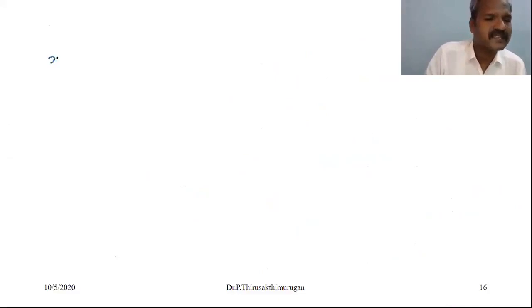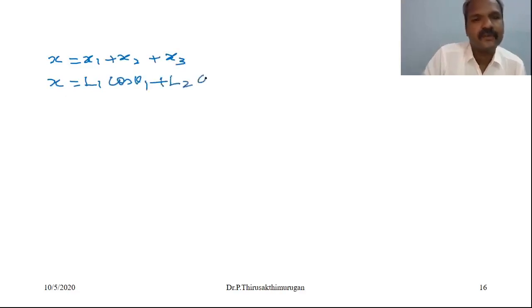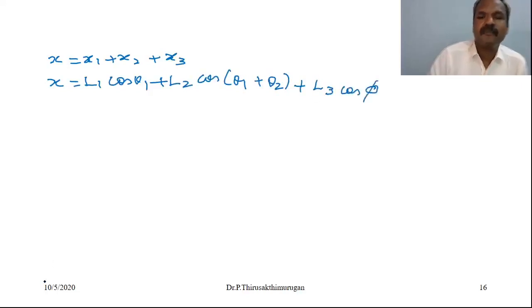So x equal to x1 plus x2 plus x3, which is equal to L1 cos theta 1 plus L2 cos theta 1 plus theta 2 plus L3 cos phi. Simply I put phi. What is phi?